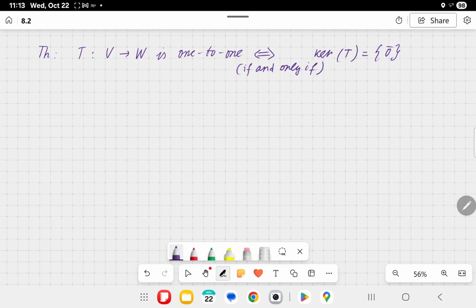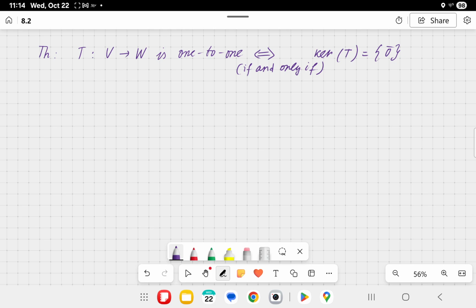What does it mean, guys? You know that any linear transformation transforms the zero vector into the zero vector, right? The theorem tells us that if the transformation is one-to-one, no other vector is going to be transformed into 0. Remember, the kernel is all vectors which are transformed into 0. So 0 is always there.